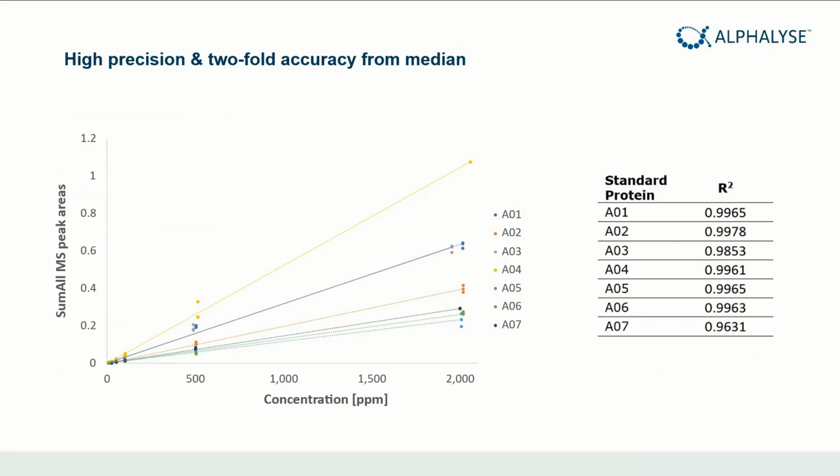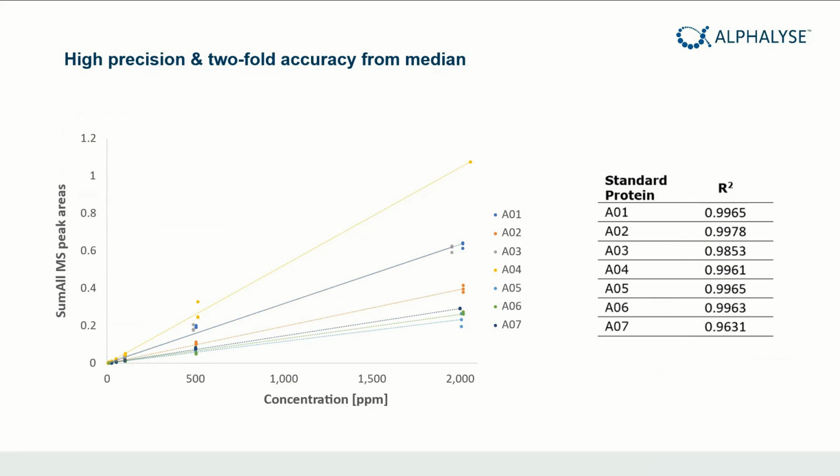So for each protein we summarize the MS signals for all peptides belonging to this protein. And what you can see on the graph is that there is a very good correlation between increasing amount and the sum of all MS signals. So for each protein standard, there's a very good linearity with a high R squared value.